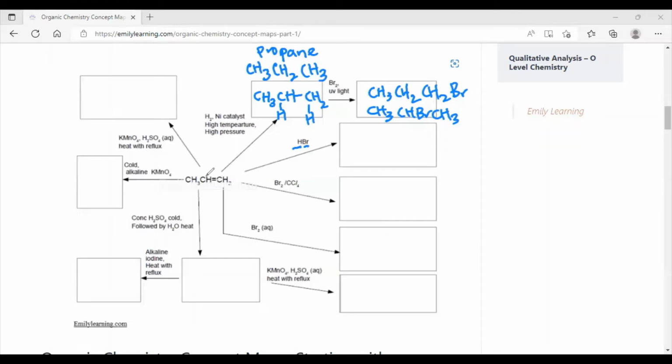It is like the rich get richer, the poor get poorer. So this carbon here has 2 hydrogens, and this carbon here is only directly attached to 1 hydrogen. So in other words, this H will go to the C with more H, which is this, and the Br will go to the carbon with less H, which is here. So the major product formed will be this.